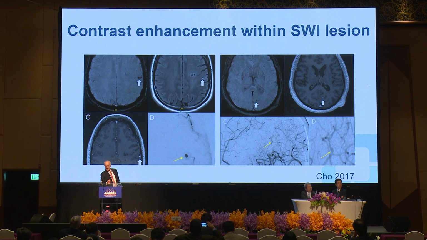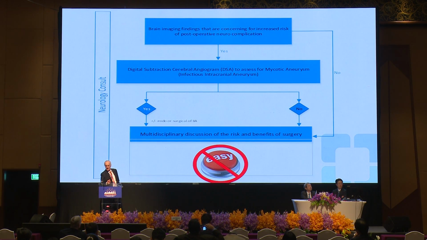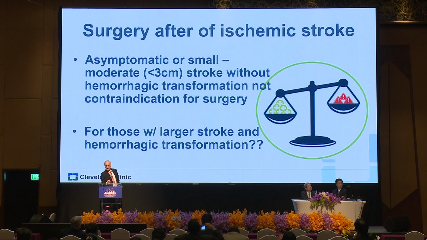So once again, I don't think we can do much more. We have an algorithm that we use for how aggressive we are with our imaging, and this is what we do. If we have a small or moderate size stroke without hemorrhagic transformation, we go to surgery.